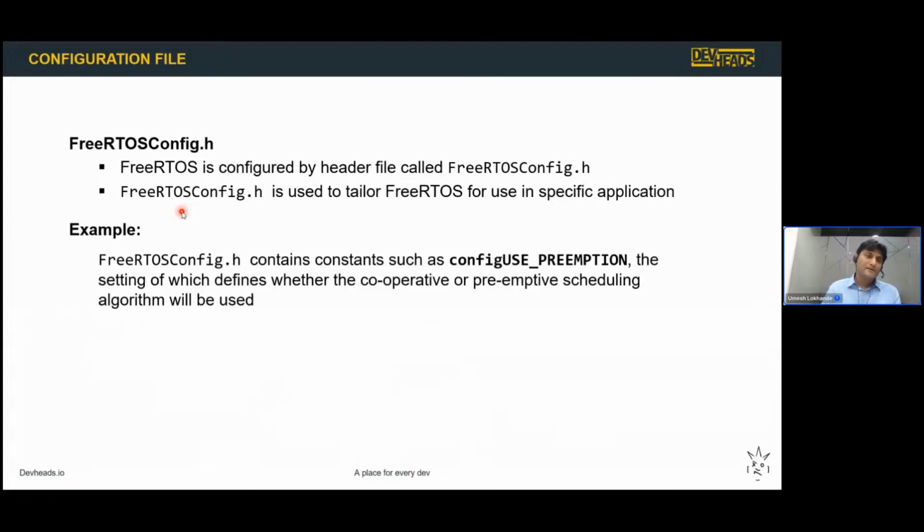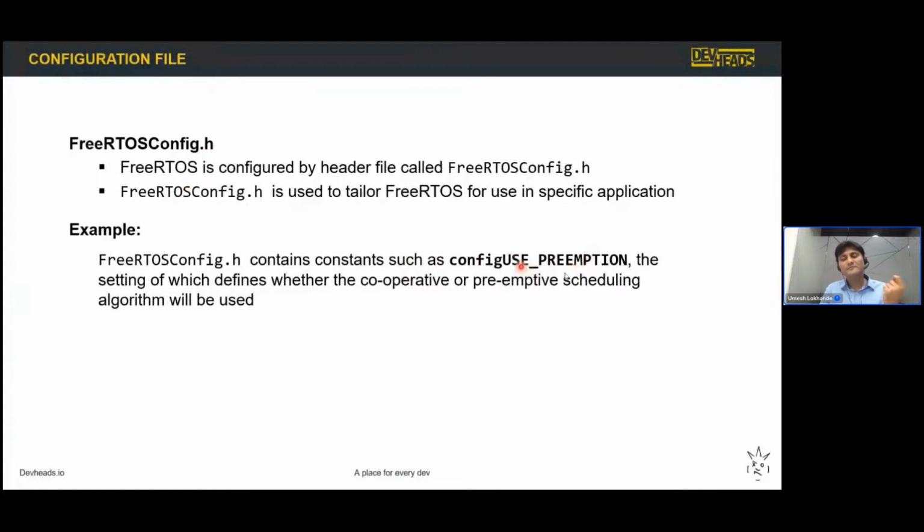Okay, let's go ahead. Let me give you an example on this. Basically, I talked about it, but let me repeat to put things in perspective. Let's say in my project I want to use a preemptive scheduler. There is a macro in this config file called configUSE_PREEMPTION.